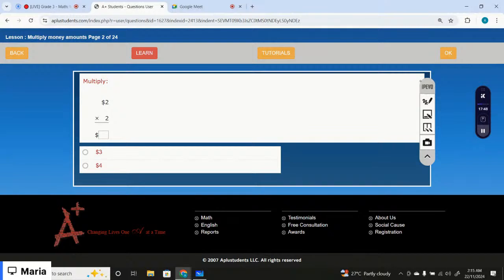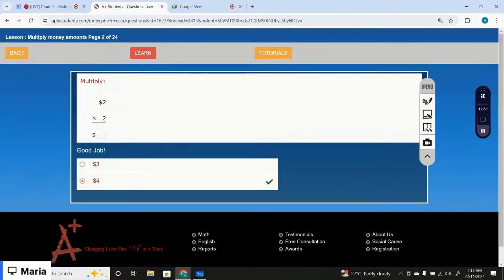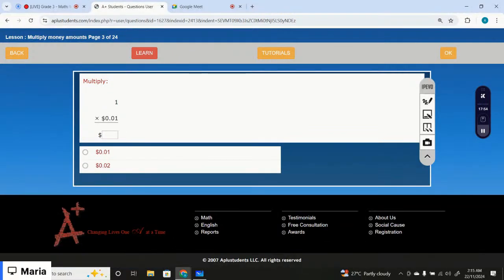Option number 2 is the correct option. 1 times 0.01. That is 0.01. 1 times any number. When you multiply 1 with any number, the number stays the same.